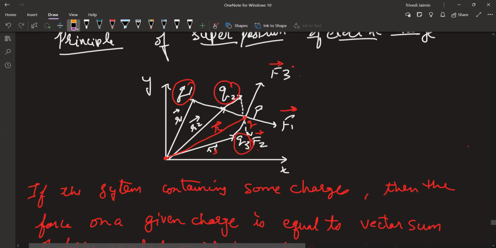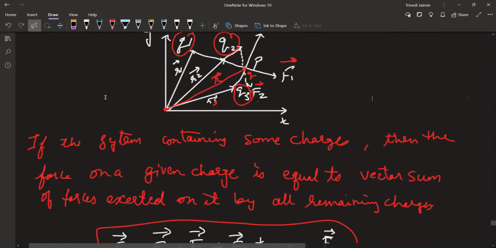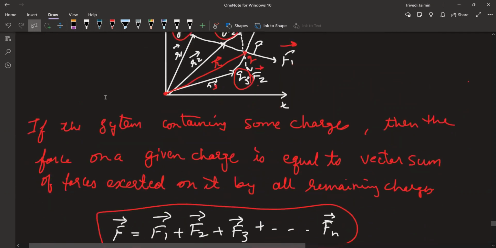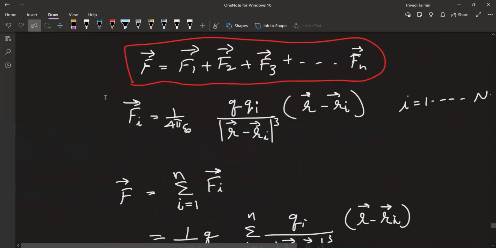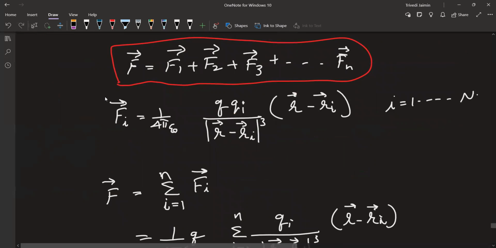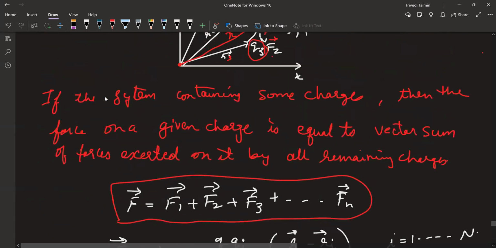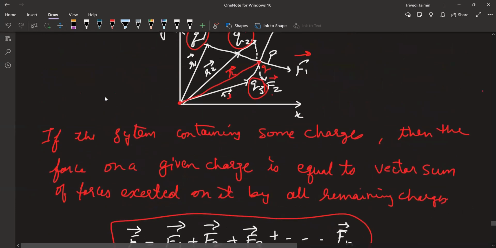This all is the principle of superposition. In short, what we are doing, we are summing all the forces. We are finding first the individual forces F1, F2, F3, and summing them all. In a simpler way, how we write this in common form: QI, with I from 1 to N. Let's take I as 1.